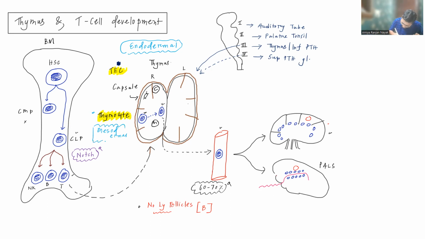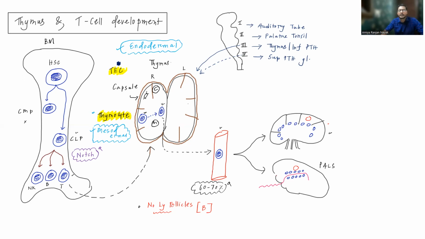From this discussion, you can understand that the thymus has dual origin. It has an endodermal component, and the product of this endodermal component is the thymic epithelial cells. It also has a mesodermal component, and the product of the mesodermal component is the thymocytes, or the immature T lymphocytes. So if someone asks you about the development of the thymus, remember it is derived from both endoderm and mesoderm.